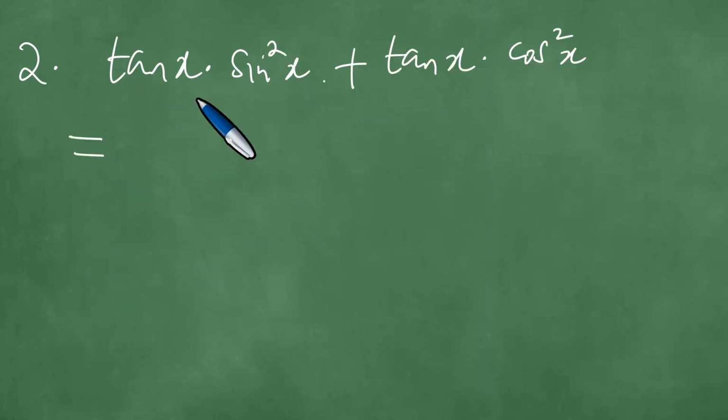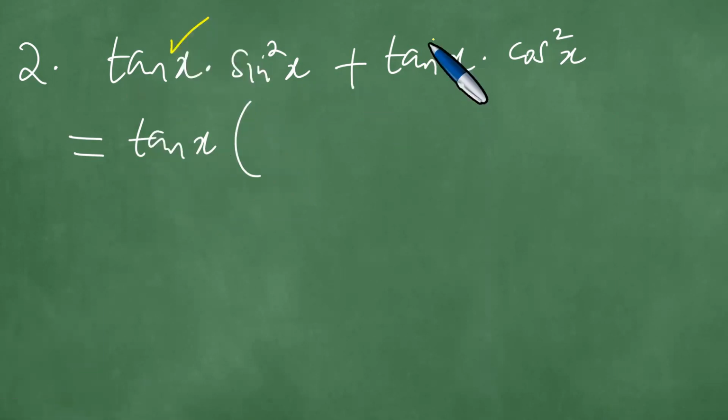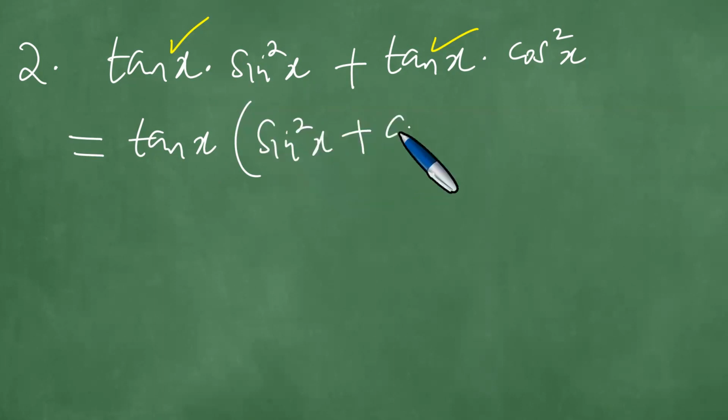The tangent of x is a common factor, the highest common factor, so that now you have the tangent of x that appears in 2 places. So you pull out the tangent of x, and you're left with the sine squared of x plus cosine squared of x.